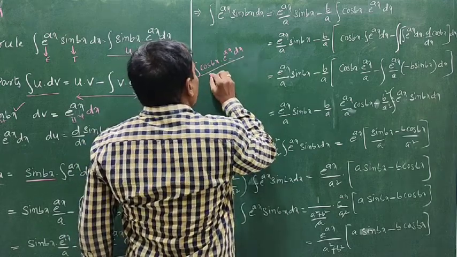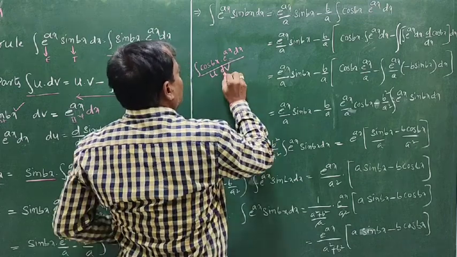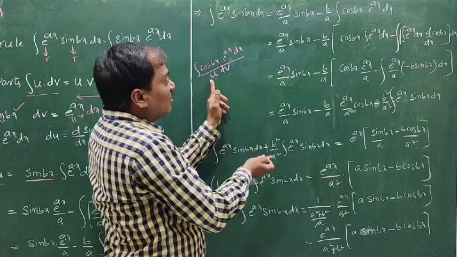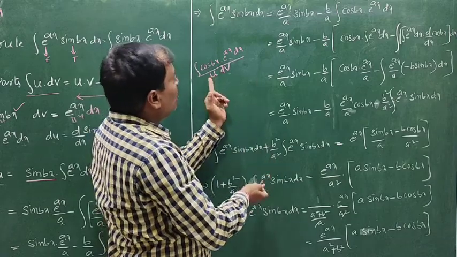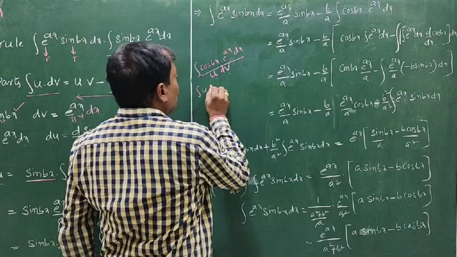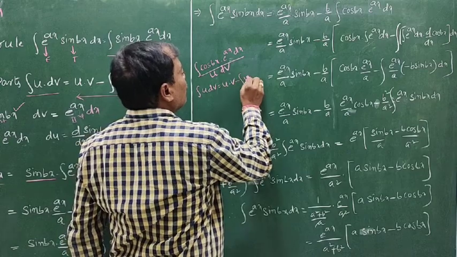Now again we use integration by parts, so this is u and this is dv. We know that integral u dv equals uv minus integral v du.